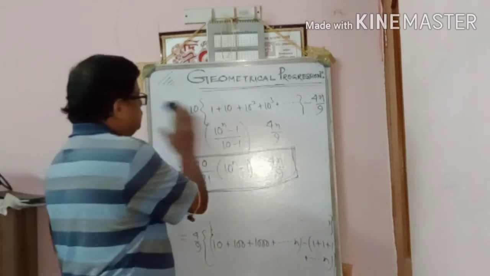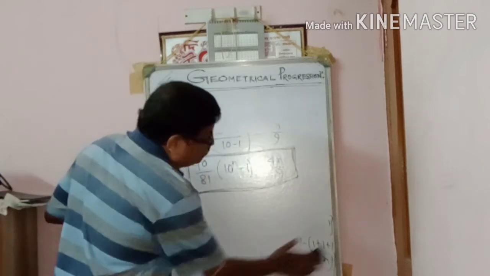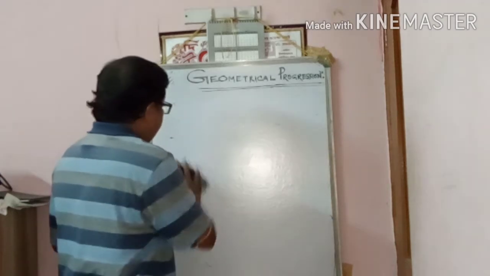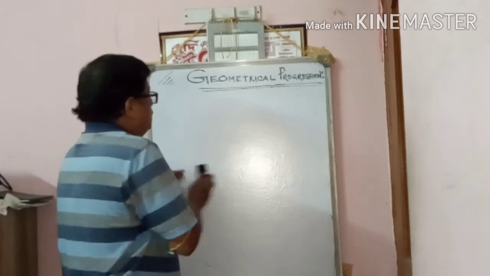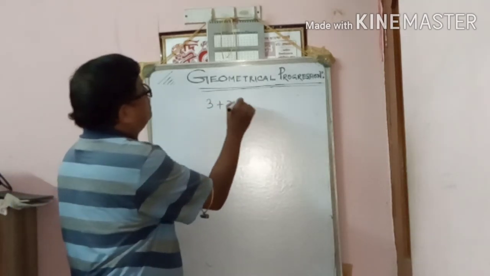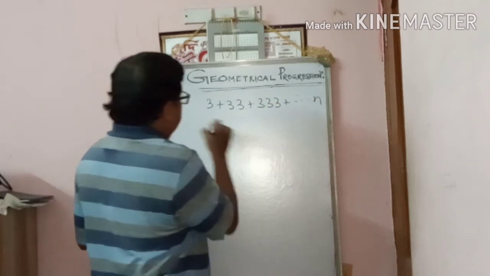Similar sums you have to do at home. Home practice is very important, all of you remember. Question 1: 3 plus 33 plus 333 up to n terms.